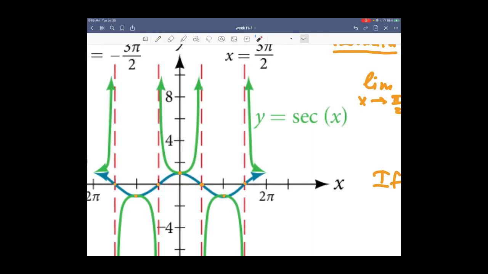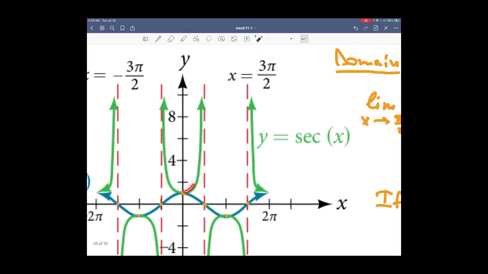Of course, say in the first quadrant, as cosine decreases from 1 to 0, secant increases from 1 to infinity. Now, by the fact that secant is even, reflecting this piece about the y-axis gives us this piece.